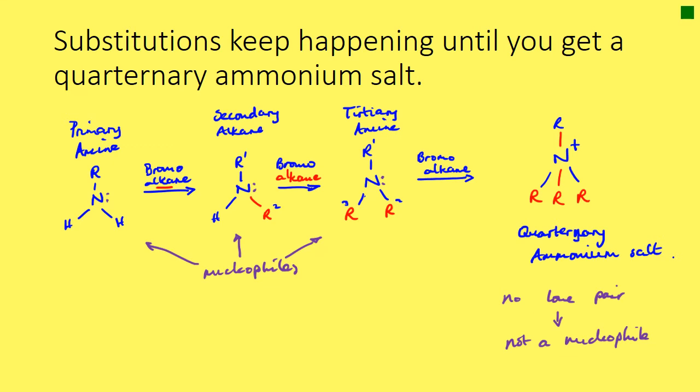So let's write that in, nucleophiles, all three, because they all have their lone pairs available, but no lone pair here, no lone pair of electrons on the nitrogen. So that means that it is not a nucleophile, so it can't take place in any further substitutions. And so that's why it stops there.